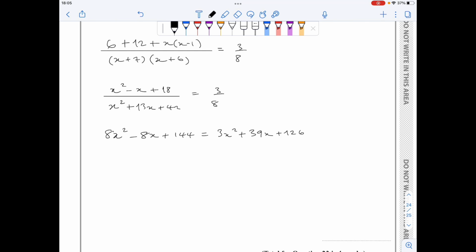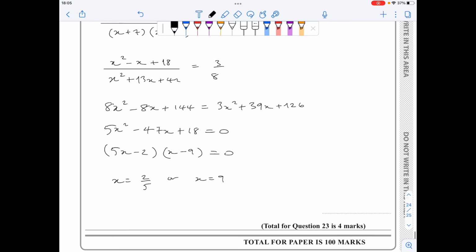If I take everything to the left hand side, I will get 5x squared minus 47x plus 18 is equal to 0. I can factorize this. (5x minus 2)(x minus 9) is equal to 0. So x comes out to be 2 over 5, or x is equal to 9.